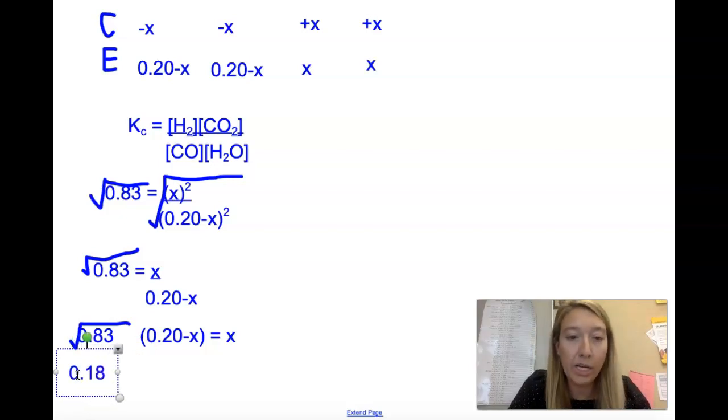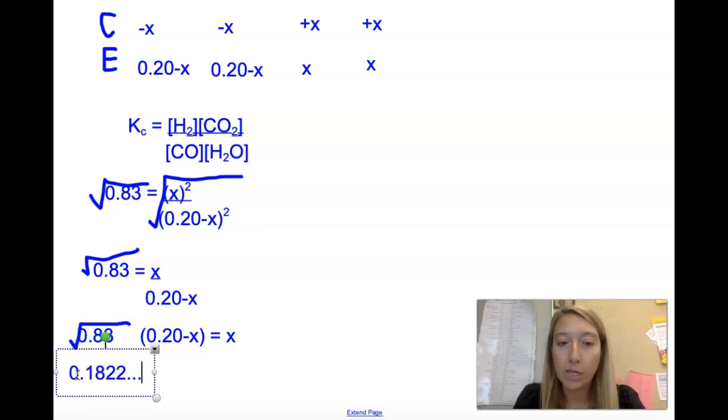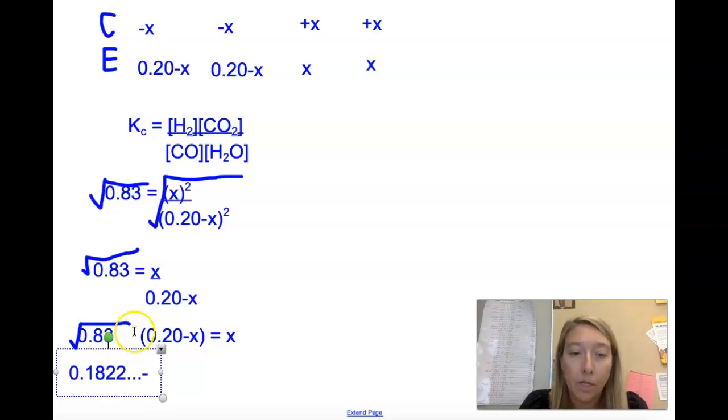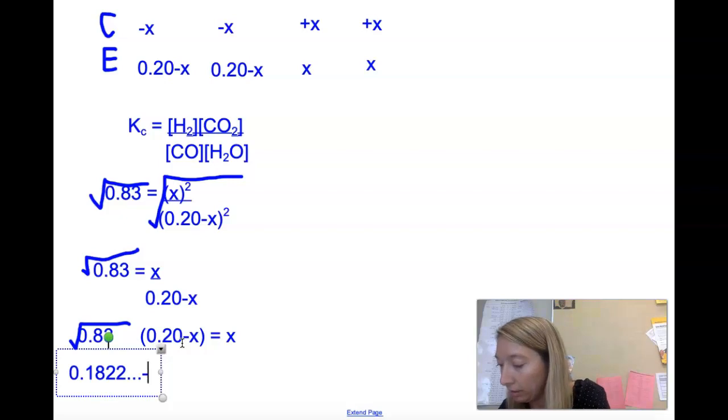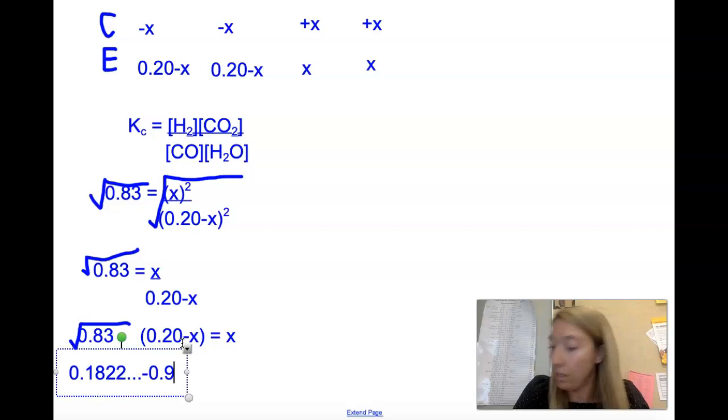I get 0.1822, and that number just kind of keeps going on. I'm just going to put dot, dot, dot because I don't want to write the whole thing. Okay, and then it's going to be minus, because it's minus x. And so remember, we have to do that square root of 0.83 times x. So again, square root of 0.83, we're going to have 0.911, and again, that number keeps going.